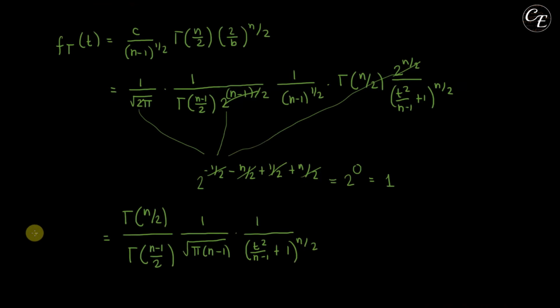So this is the PDF for t distribution, and we have a parameter here n, which is the number of samples, and for its degrees of freedom it is n minus 1, so we can put here with n minus 1 degrees of freedom.